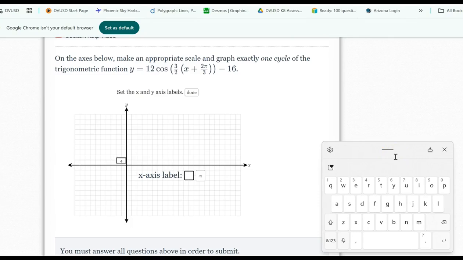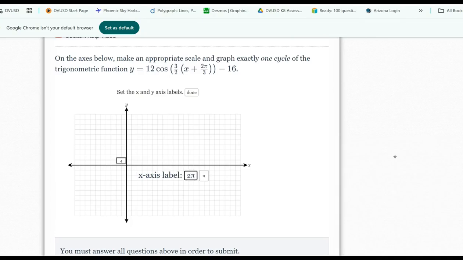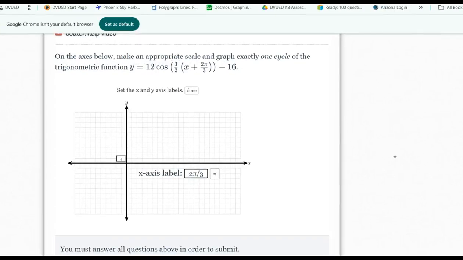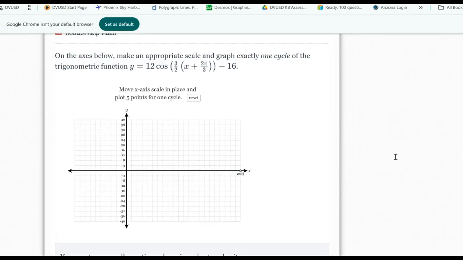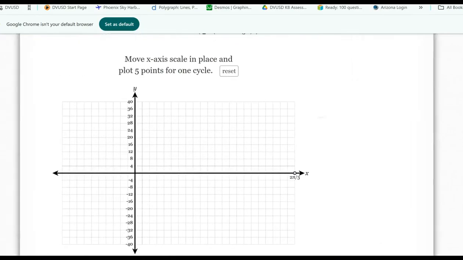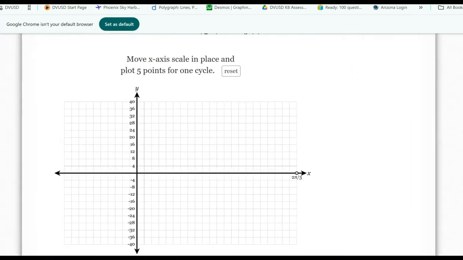Well, we wanted 2 pi over 3 for the starting point and the end point. So let's do that. Okay, 2 pi over 3. And let's get that done. All right, we can fit it in there. So that'll be 1 pi over 3, 2 pi over 3.